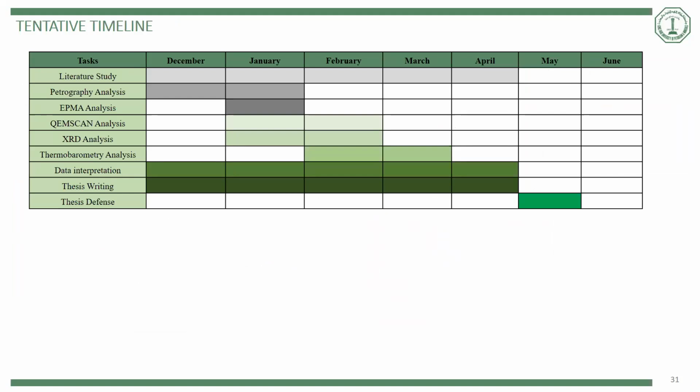The thin section itself is now undergoing EPMA analysis in Korea, and hopefully once received, we will continue with ChemScan and XRD analysis, and then continue with thermobarometry analysis calculation. During the duration of the analysis, data interpretation and thesis writing will be performed. And by the month of May, hopefully we will do the thesis defense.